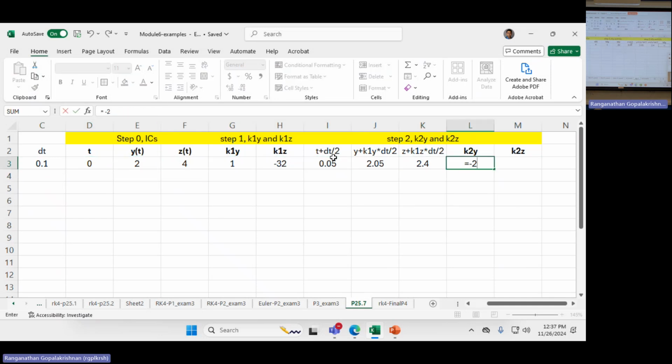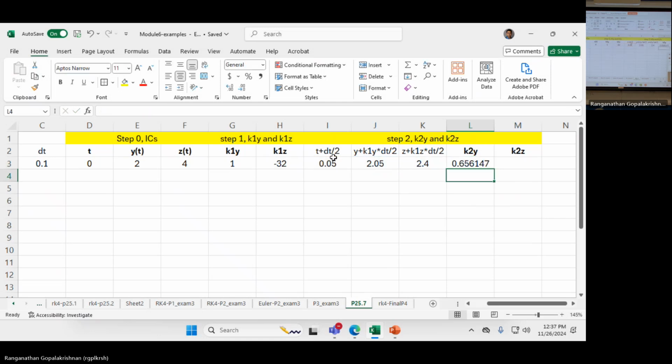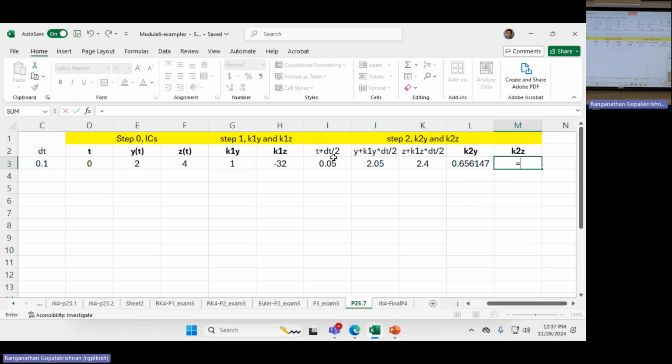And then I'll write minus 2y plus pi exponent of minus t. Yep. That's my k2y. There's your 0.656, which you were all worried about. And here is k2z, which is minus y times z squared, minus 11.808. So we got our two values. And we have 7 minutes, so I hope you won't mind me moving to step 3.